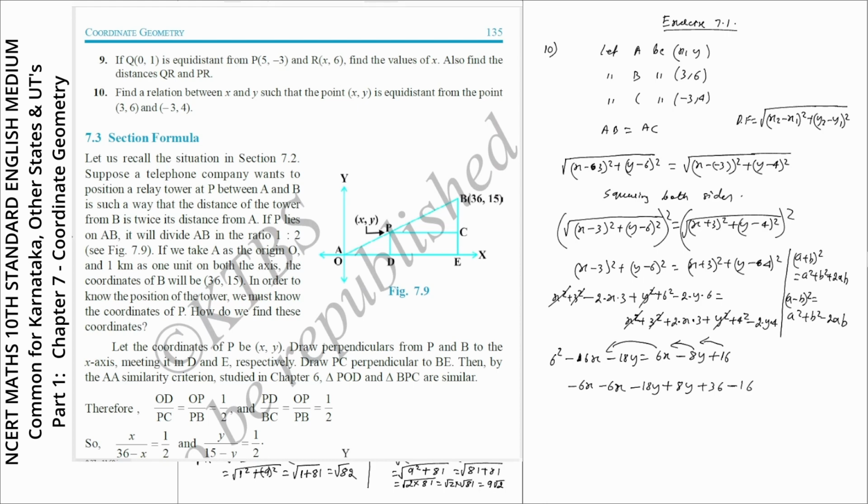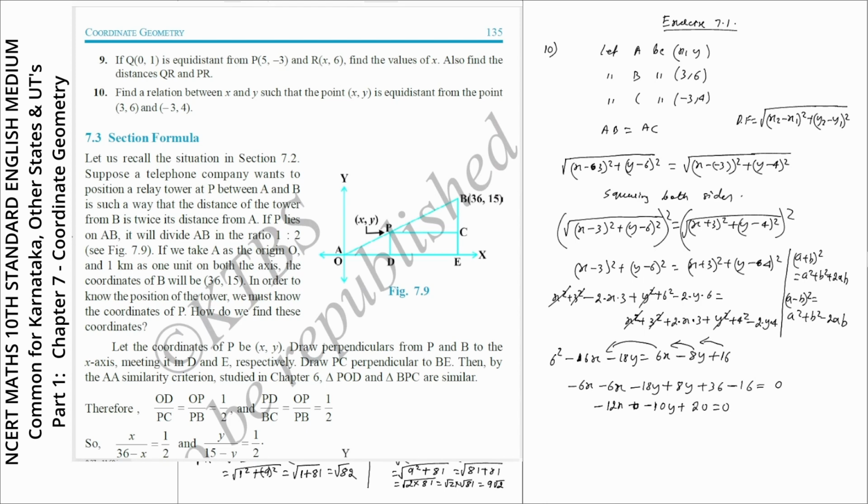So minus 6x minus 6x is minus 12x. Minus 12y plus 8y, I will get minus 4y. So this is equal to 0. Now 36 minus 16 is 20, equal to 0.